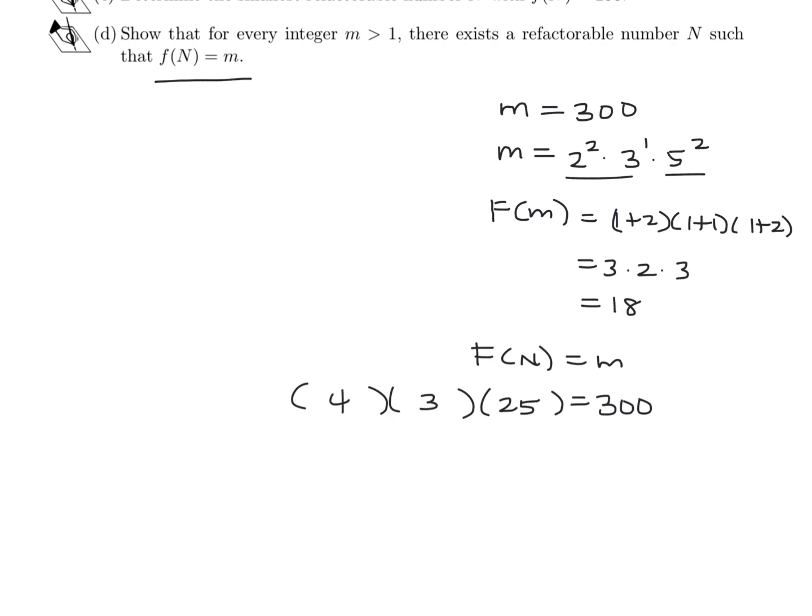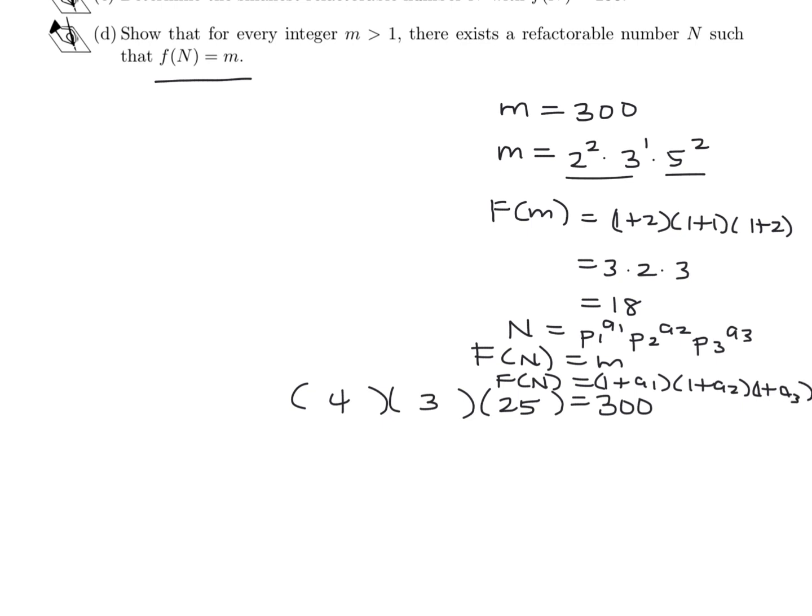But then remember, f at n was figured out by that formula. For example, if n was p1 to the a1, p2 to the a2, and p3 to the a3, f at n was 1 plus a1, 1 plus a2, and 1 plus a3.